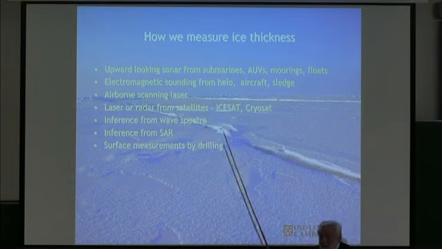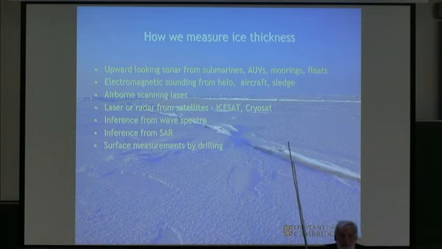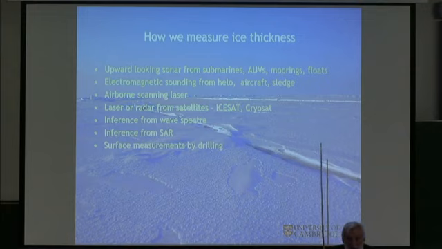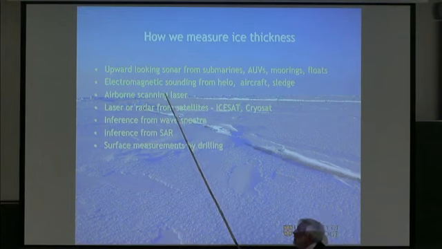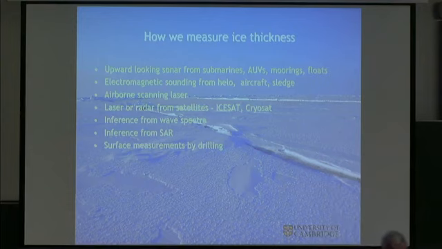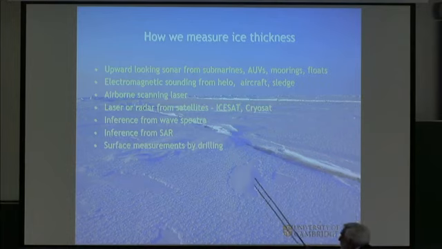Airborne scanning laser gives you the equivalent, but on the ice surface, so you have to make a rather dodgy calculation of what the equivalent density of ice and snow are to convert that freeboard that is given by the airborne laser into a thickness. That's the same sort of rather dodgy calculation you have to do with other methods like CryoSat.